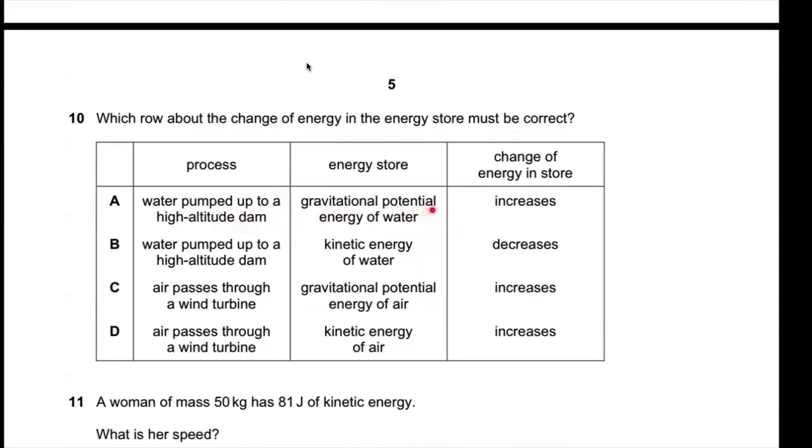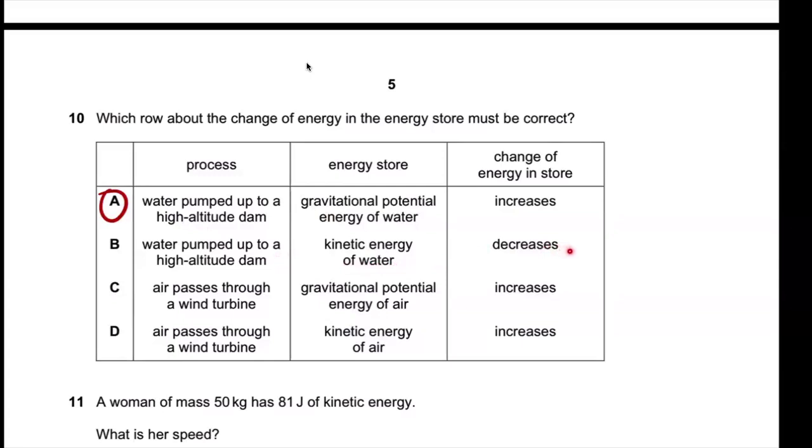Gravitational potential energy of water and change of energy in store increases, right? This means that obviously the height is increasing. So GPE is increasing. So this is absolutely correct. Nothing wrong with it.